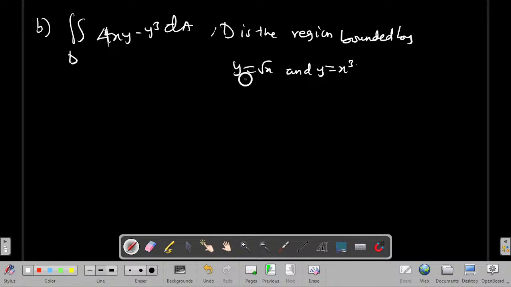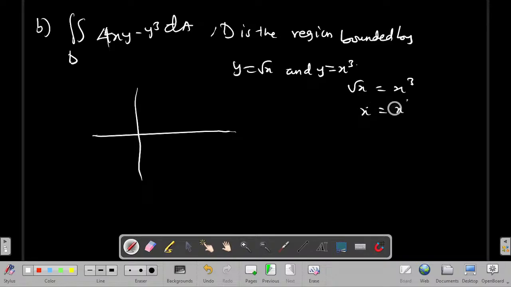Now we need our boundaries. These are the boundaries they're giving you. The next thing to do is to draw. Before you draw, remember that you can equate root x to x cubed. I'll say that x is equal to x to the power 6. So I have x to the power 5 minus 1 equals 0. x is either 0 or 1.